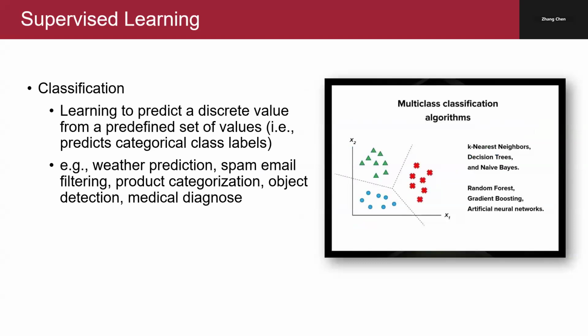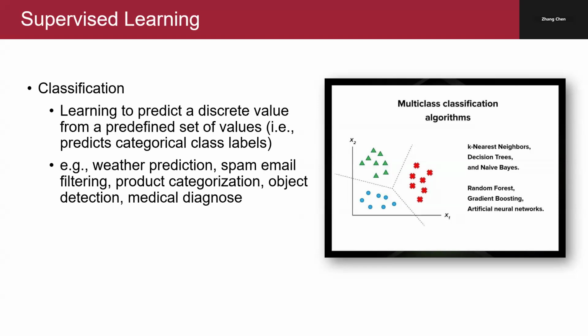This slide introduces classification, another key task in supervised learning. Classification is used when the goal is to predict a discrete label from a fixed set of categories. In other words, the output here is a class, not a number.